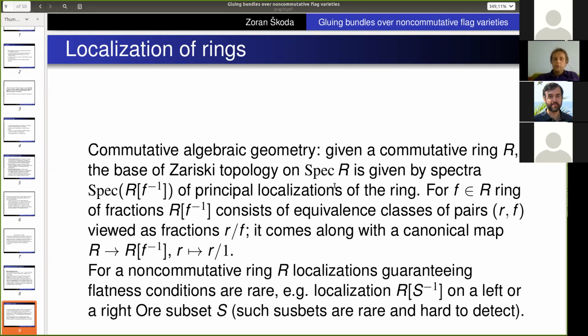Now, in the non-commutative case, there are very few sets which you can consistently invert. In particular, you can invert so-called Ore subsets. Other examples are mainly giving bad properties. For example, the localization functor is not flat anymore most of the time, and flatness is quite important for good properties.